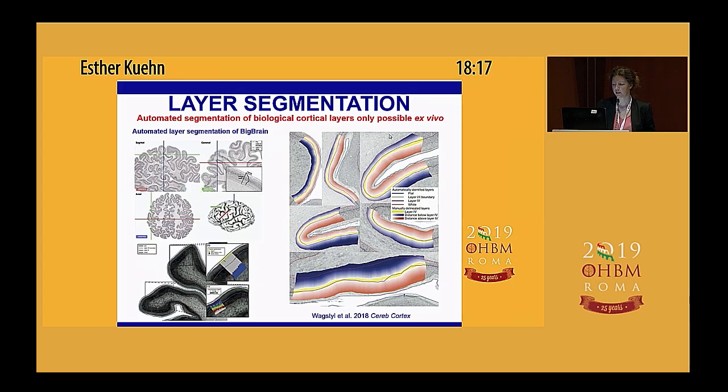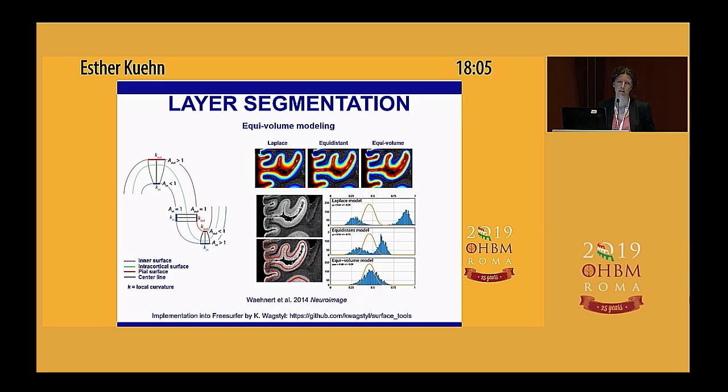However, this technology is so far only available for data where the sub-millimeter tissue components are available. So this is at the moment not available for in vivo data, but only for ex vivo data. So for in vivo data, you still have to model the layers, so you cannot directly measure them, but you have to rely on certain modeling technologies that are available.